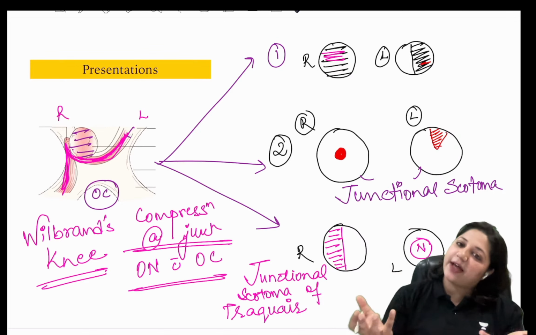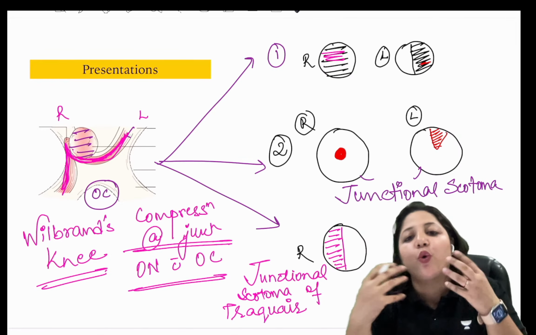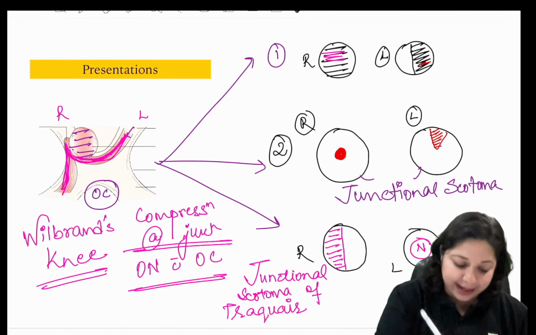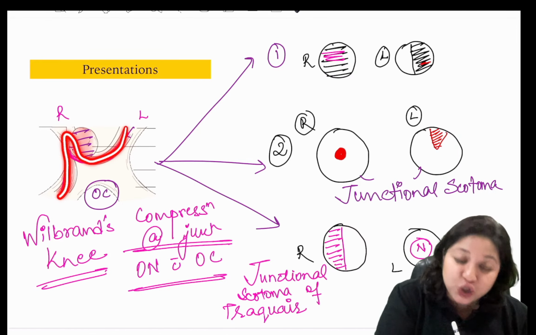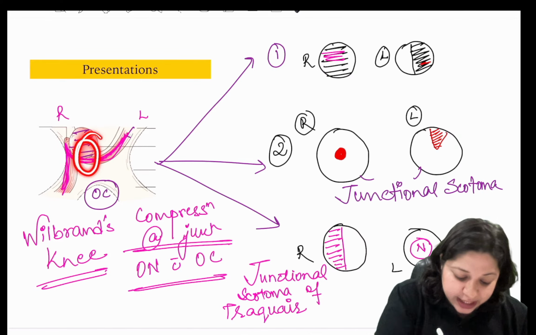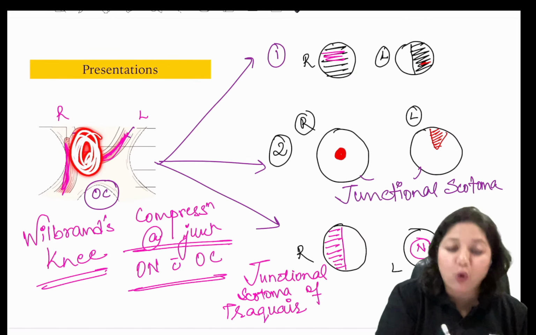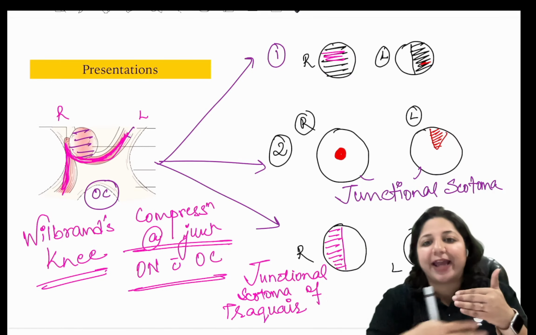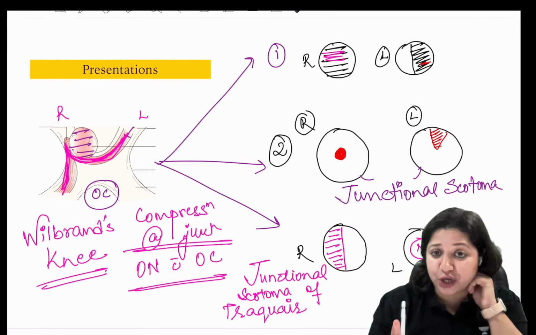So all the nasal fibers of the left eye can be affected, or only the inferonasal fibers of the left eye can be affected. So when we taught Wilbrand's knee, inferonasal fibers are the ones which loop around. But if there's a lesion here which is affecting this part also, a part of the optic chiasm also, there are those inferior fibers which are crossing, the nasal fibers which are crossing.